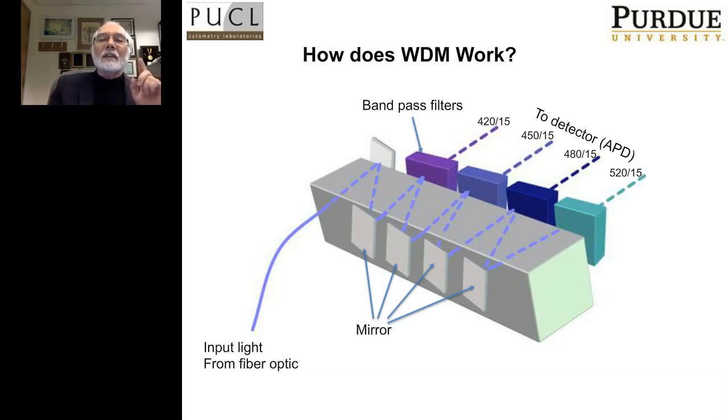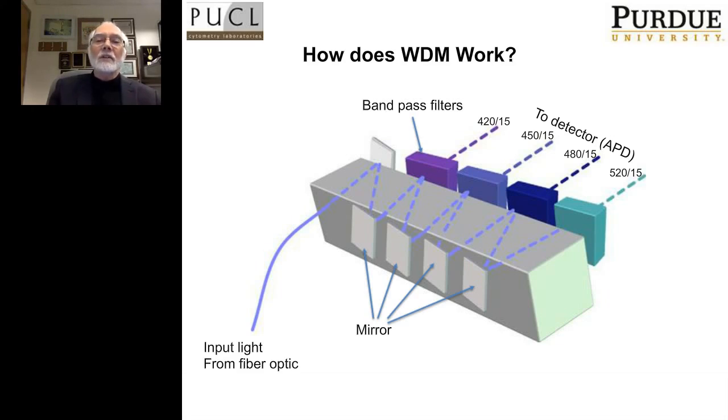You can see that the signal then is bouncing out, and there's a bandpass filter there, and I've put some numbers on those. You'll see this one says 420, 450, 480, 520, and all I've indicated there is that some of this signal is going to go through a bandpass filter, and that bandpass filter is going to restrict what is being sent here.